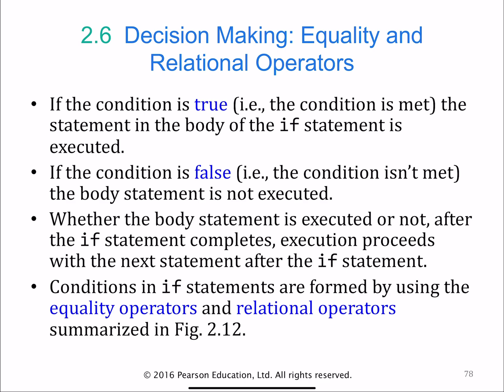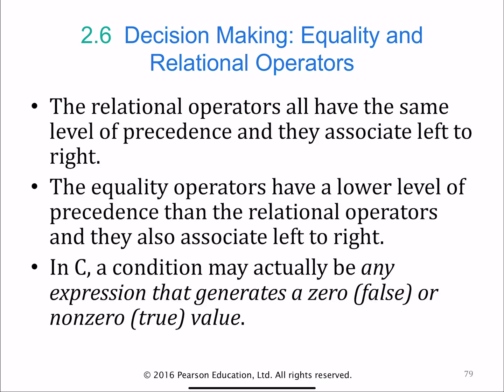So we have a number of relational operators in C, 6 to be precise, and when you use them, the result of evaluating a condition, like I said, can be one of two possible outcomes. Either the condition that you're evaluating can be true or false.